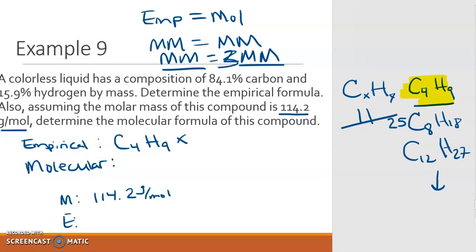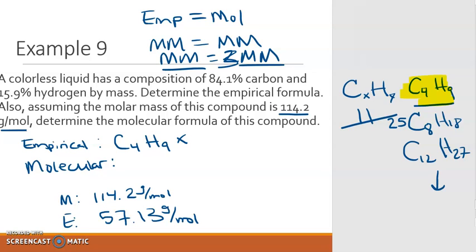Well, let's figure that out. Carbon is 12.01 times 4, plus hydrogen is 1.01 times 9. The molar mass of the empirical formula is 57.13 grams per mole.